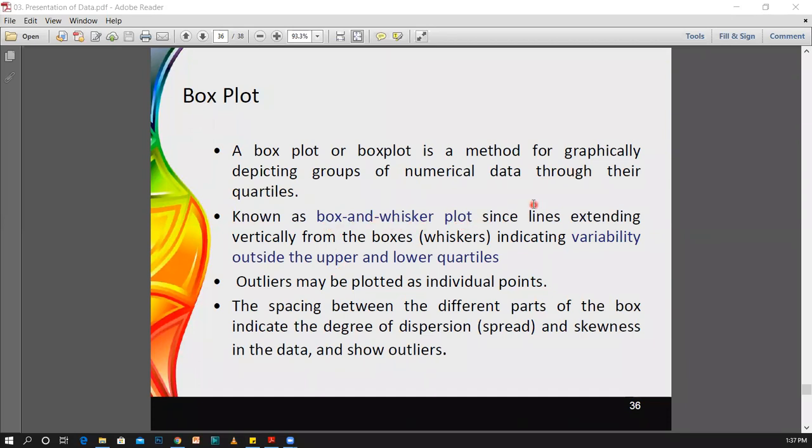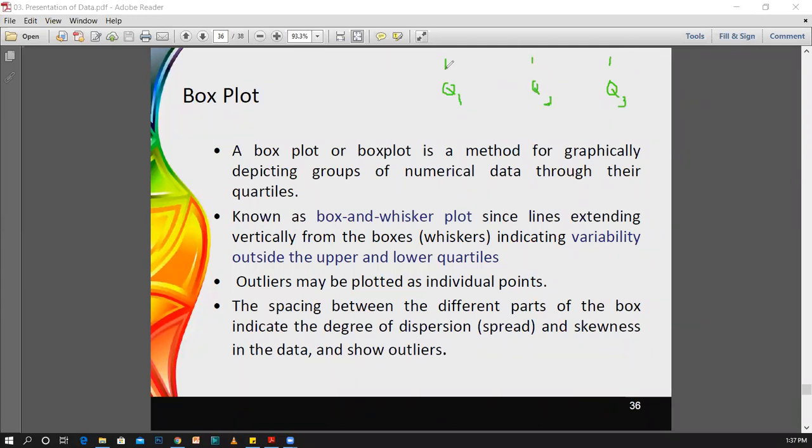It is because the lines extend vertically from the boxes, or in other terms the whiskers, indicating the variability outside the upper and lower quartiles. Normally we mark the first quartile and then the third quartile, and again the second quartile as well.